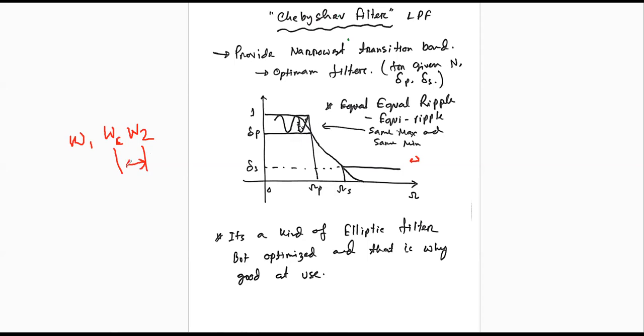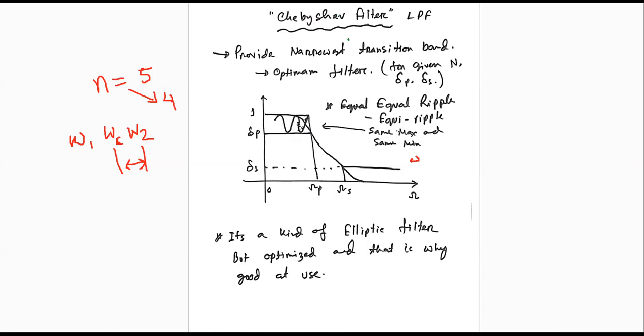For a particular transition band, for a given quality of the filter, maybe the Butterworth filter takes order 5, as already mentioned, but the Chebyshev filter may take order 4. That means you are saving on the order of the filter, you are saving time, and you are saving money as well. That's why this is called the optimal filter.